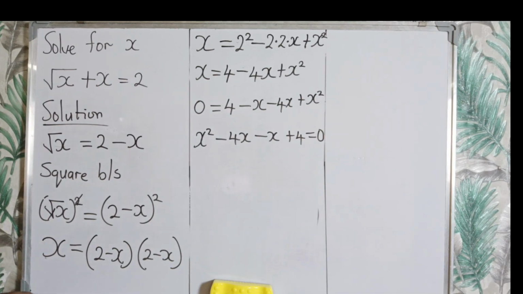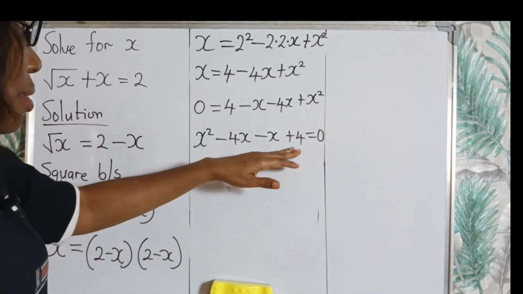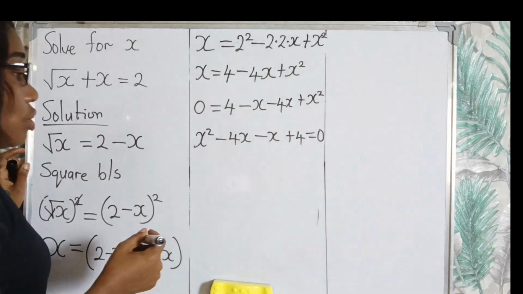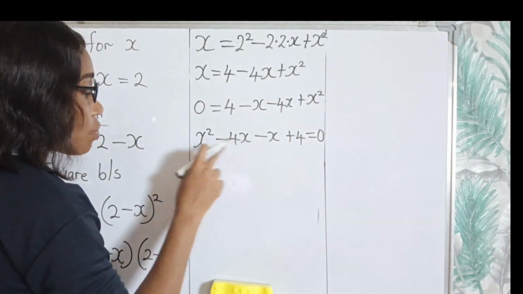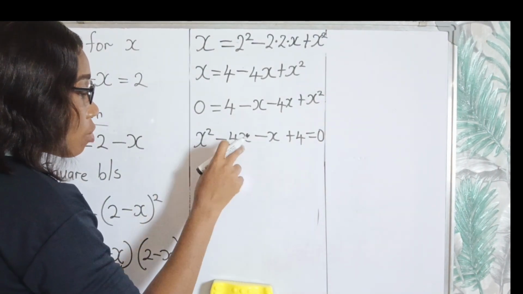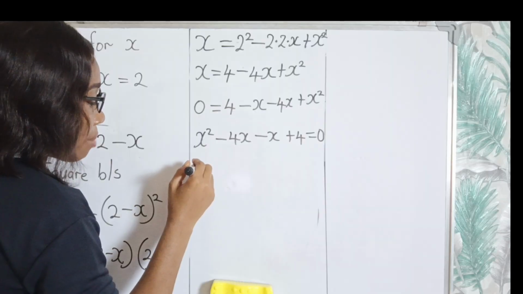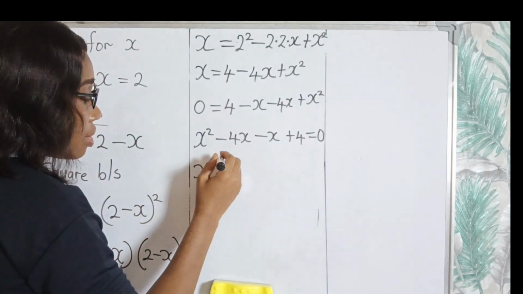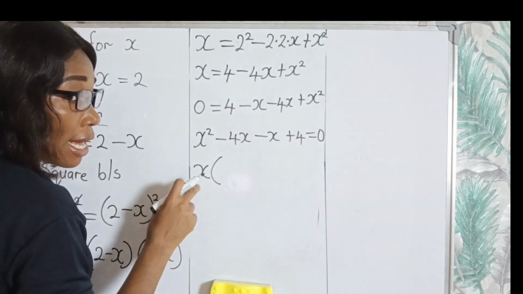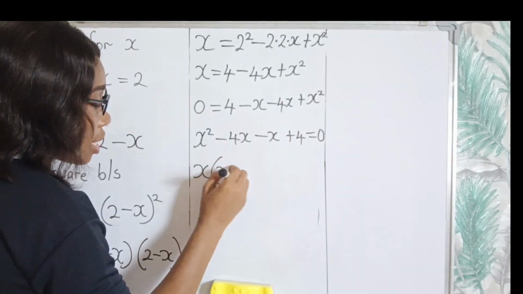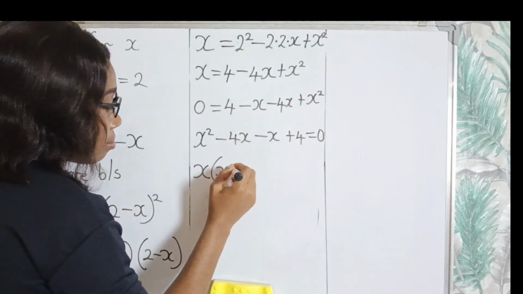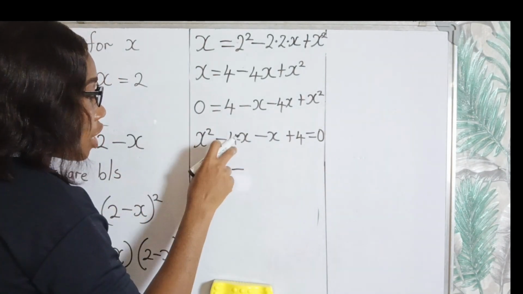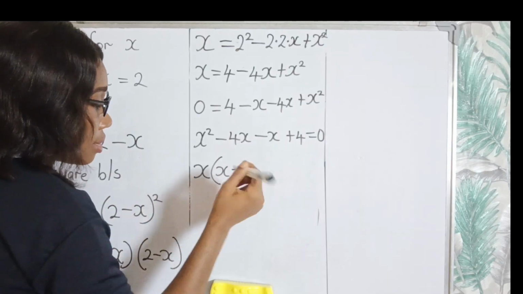Now the next thing to do is to factorize in pairs. So between these and these, what is common? x is common between these two. So here I'm going to have x. So x squared divided by x, we'll be left with x, minus 4x divided by x is 4.